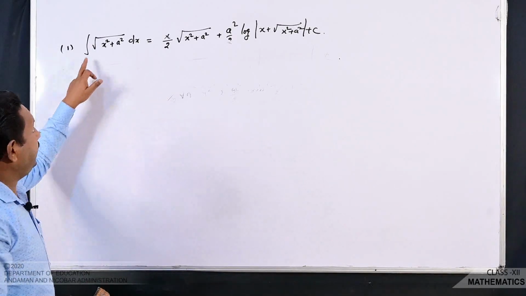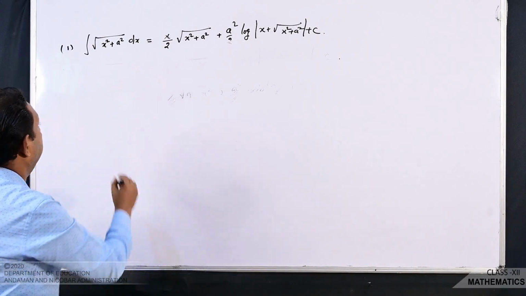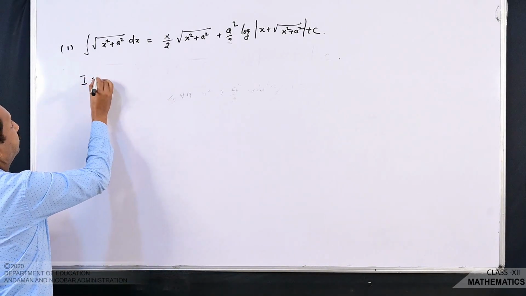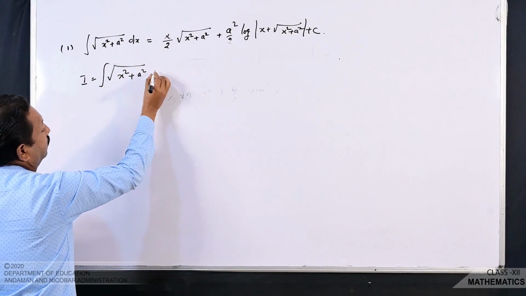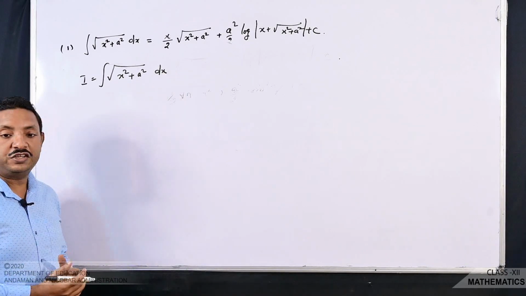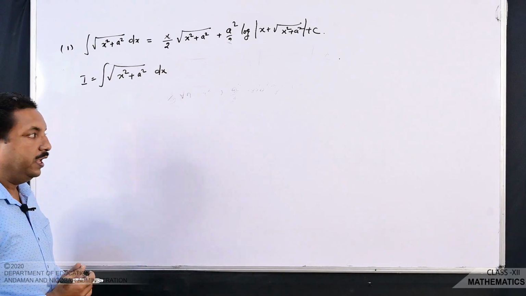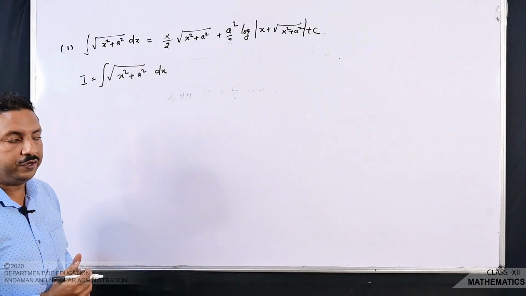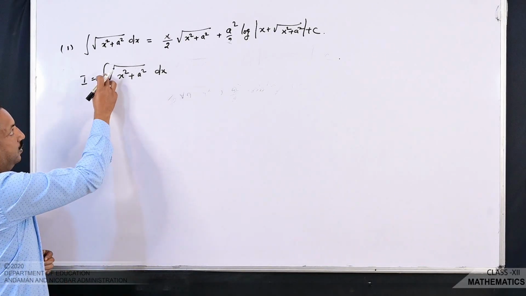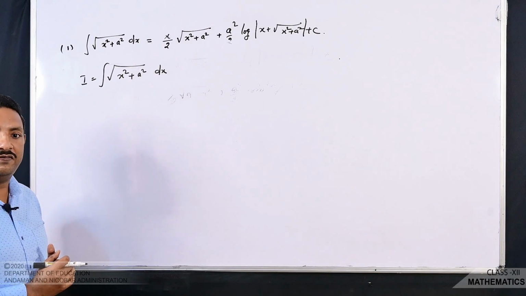We have I equal to integration of under root x square plus a square. We apply the integration by parts method. Here this one will be taken as the first function, and 1 we take as the second function.